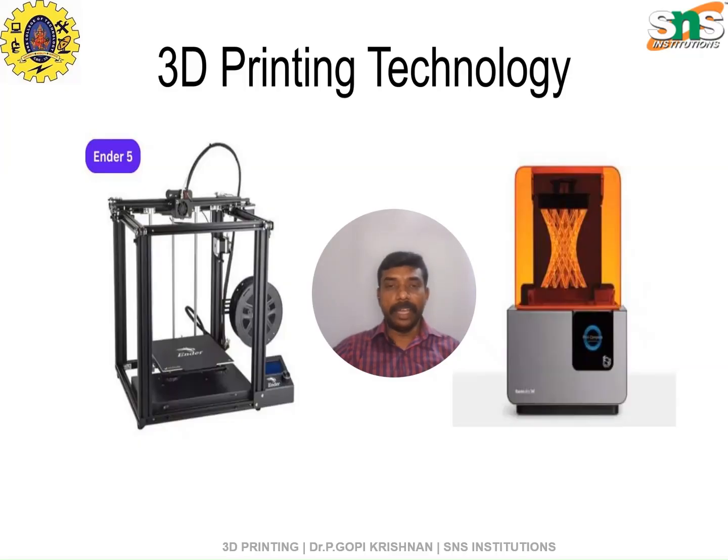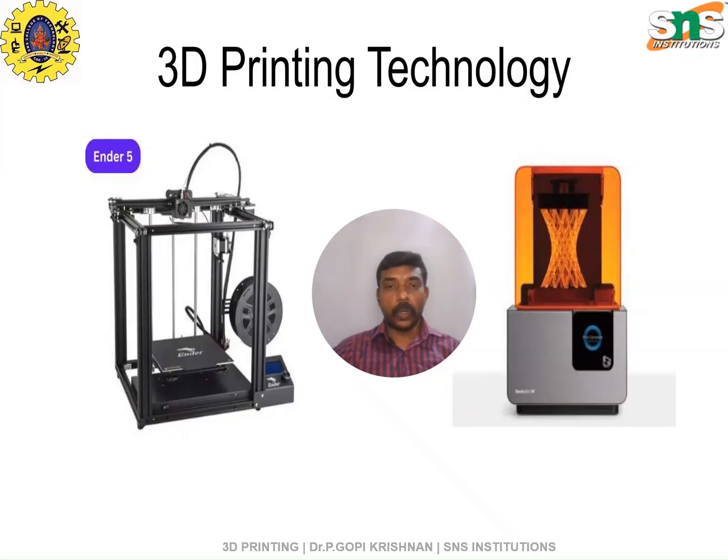Whereas the main difference between 3D printing technology and conventional technology lies in the fact that in 3D printing, we get the complete product by adding the materials layer by layer.